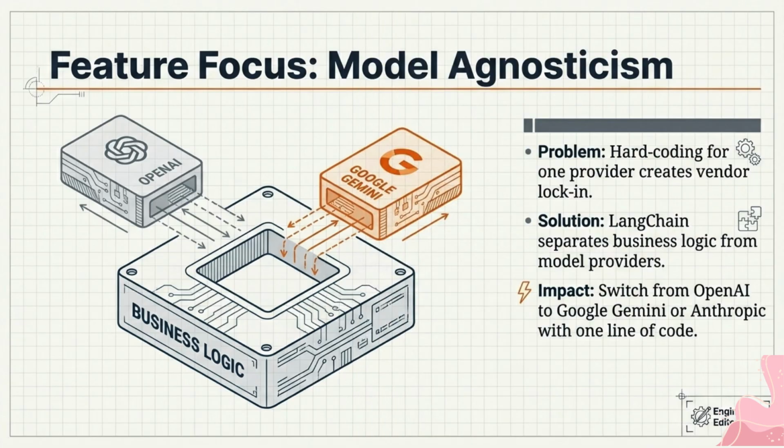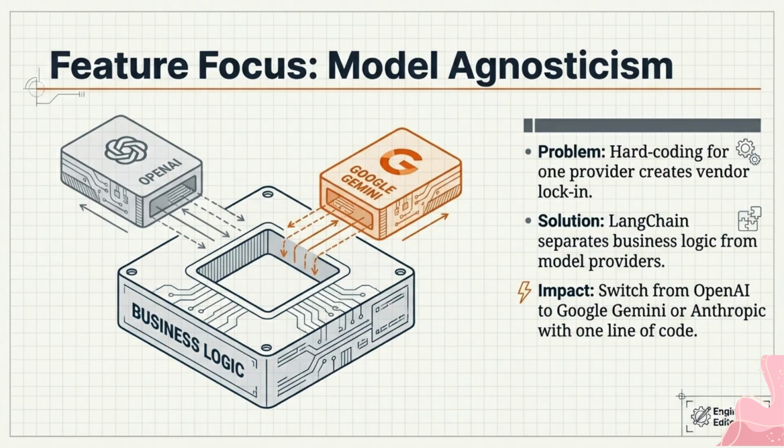The problem? If you hard code for OpenAI, you're locked in. Want to switch providers? Rewrite your code. Solution: LangChain separates business logic from providers. Your core logic stays the same. Above it, you've got OpenAI, Google, Anthropic. Unified interface.